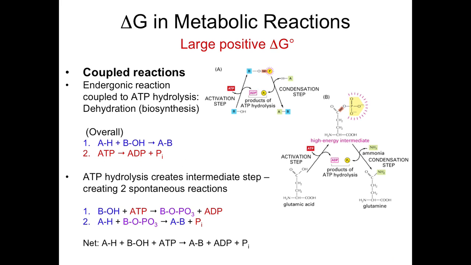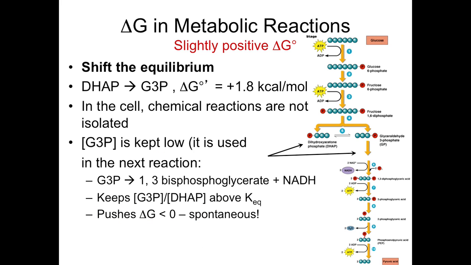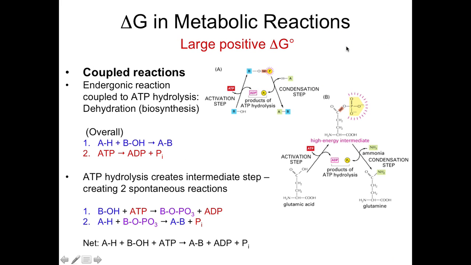Now, sometimes that can't happen. So if we go back up here and we look at this reaction, glucose is never going to split into dihydroxyacetone phosphate and G3P or into just 3-carbon sugars on its own. You have to energize it with the ATP.